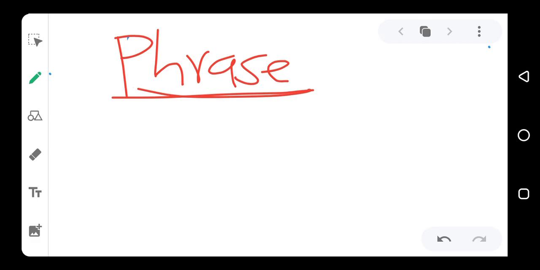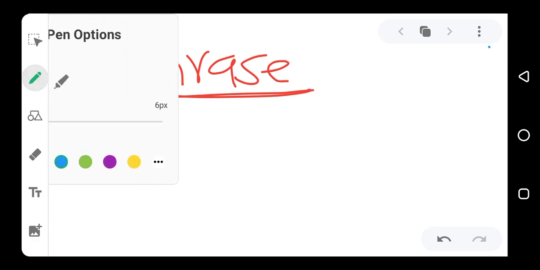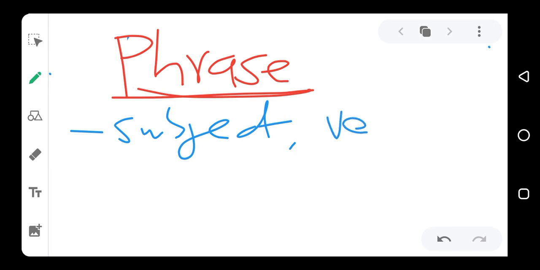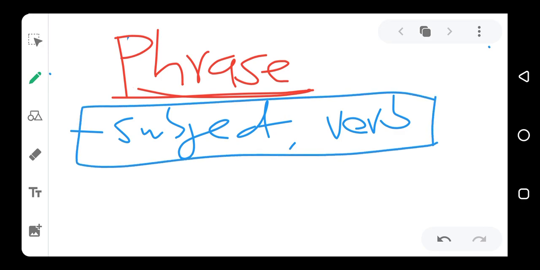When we discussed clause, we said that a clause contains a subject and a verb. For a phrase may contain either a subject or it may contain a verb, but it cannot contain two of them together.